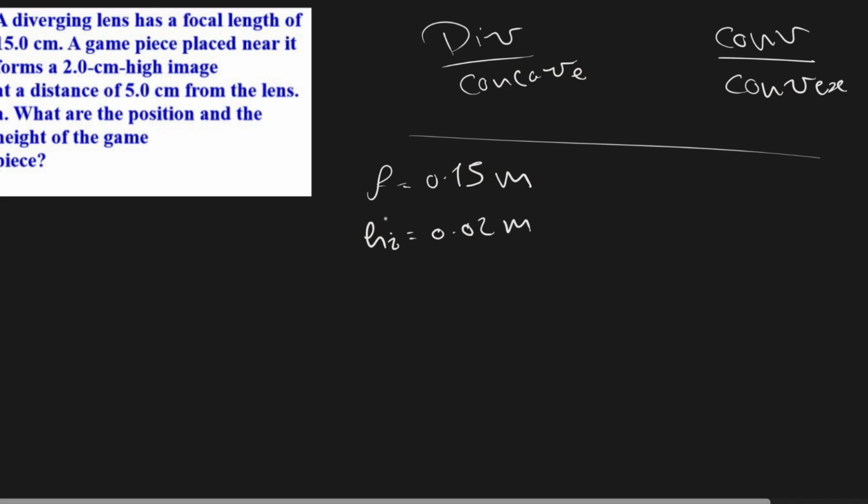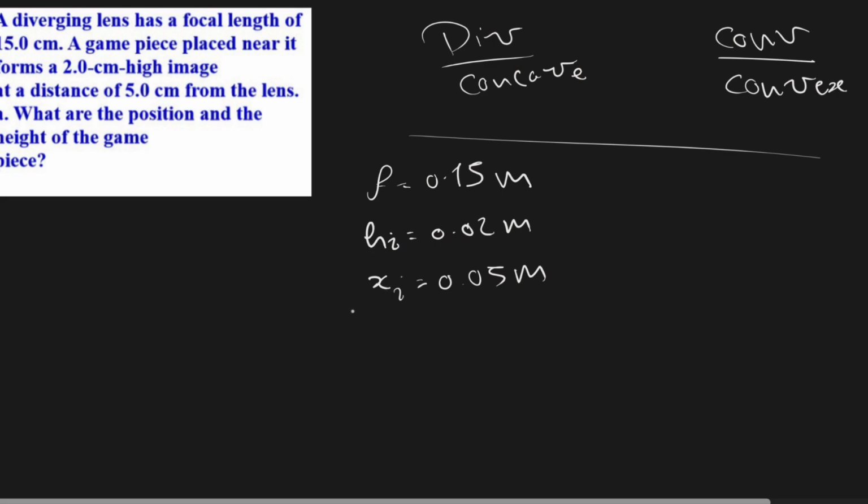At a distance of 5 centimeters from the lens. So it's not xo, rather it's xi. It's 5 centimeters from the lens. What are the position and the height of the game piece?